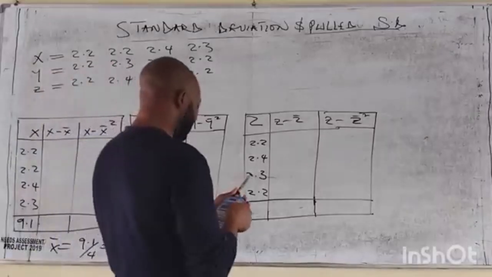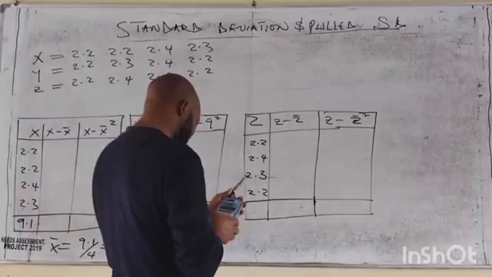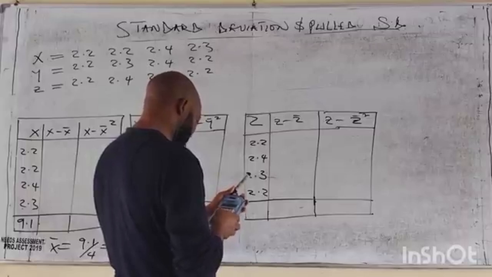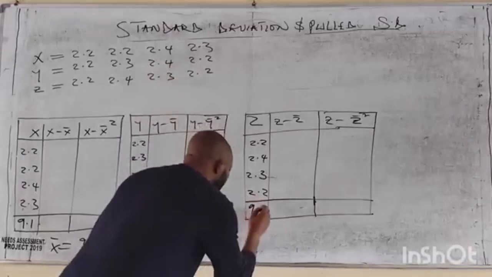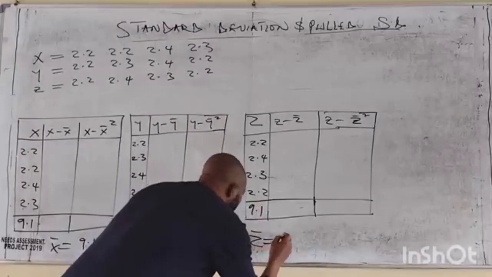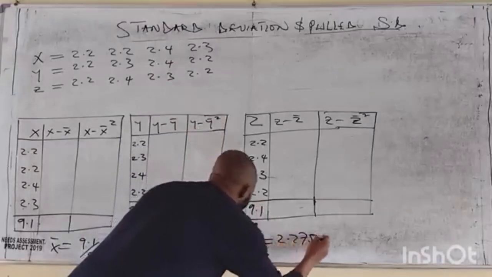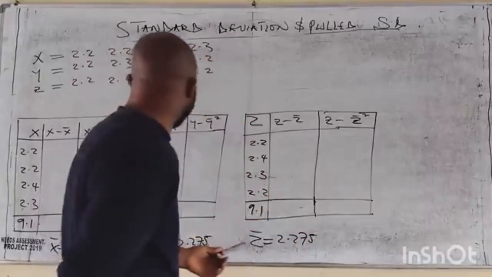Let's check here. 2.2 plus 2.4 plus 2.3 plus 2.2 is 9.1, same. So our z bar will be 2.275 in all cases. So it is going to make it easier for us.